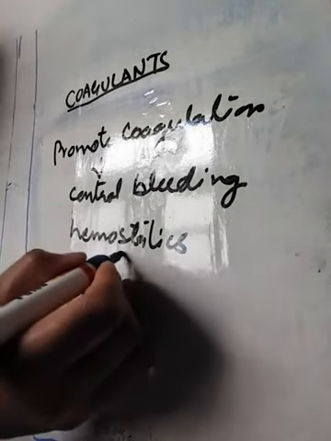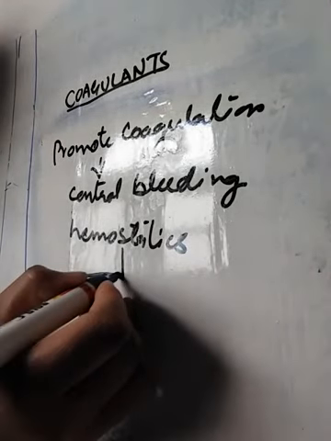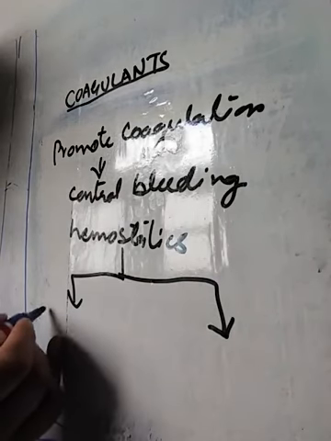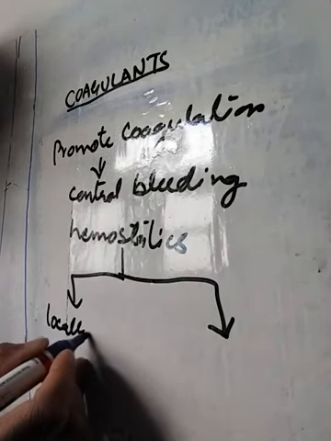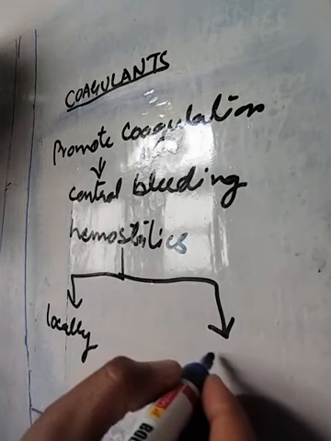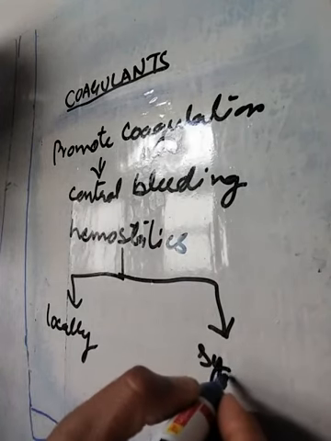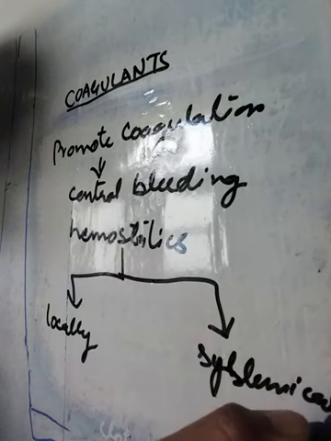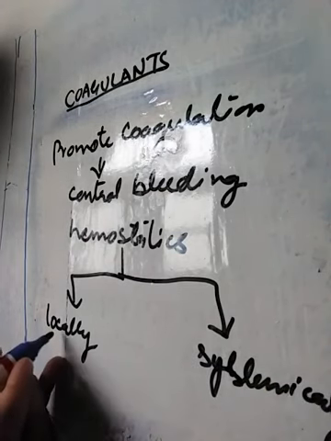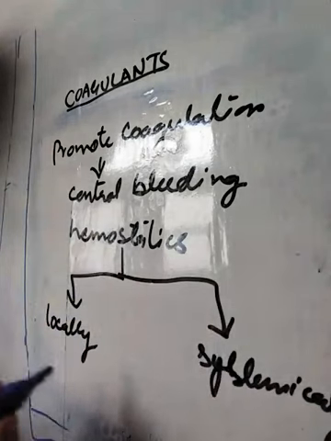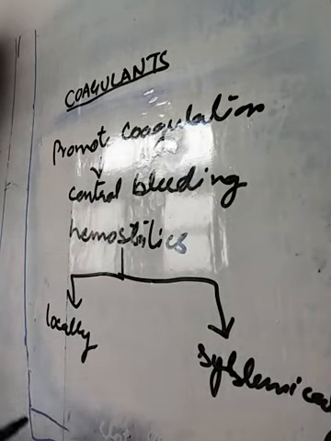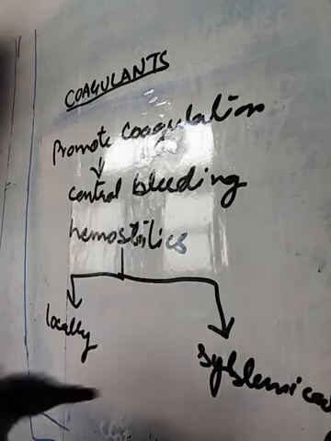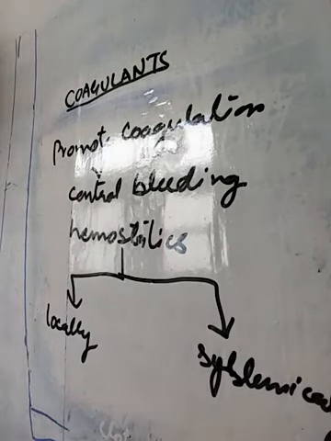These hemostatics are of two types. Number first, those which are applied locally and those which are given systemically. Means locally hemostatics are those which are applied at the site of injury, while systemically are those which are given through parenteral routes.